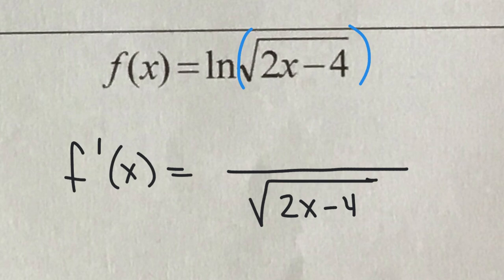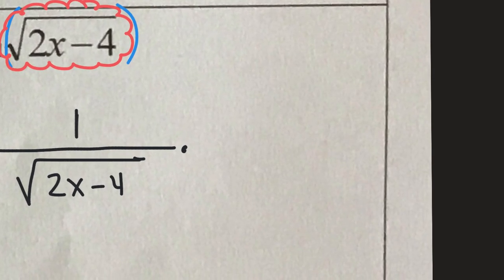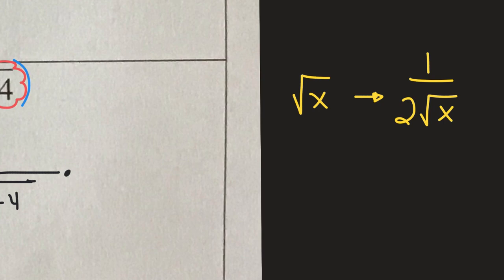Now, the question is, how do we take the derivative of the square root of 2x minus 4? Okay, so we're going to put this as a 1 over, and then we're going to take the derivative of it over here, because it's going to take a little bit of space. All right, and if you remember anything about the square root's derivative, it is a fraction by itself. Okay, so I don't know if you remember this, but the square root derivative is 1 over 2 times the square root of x.